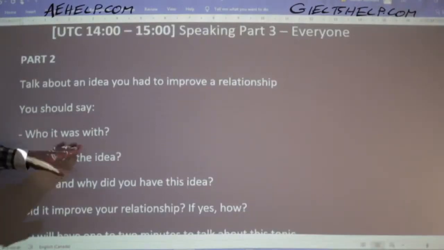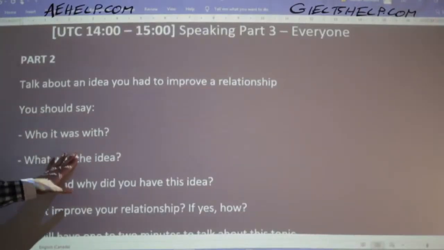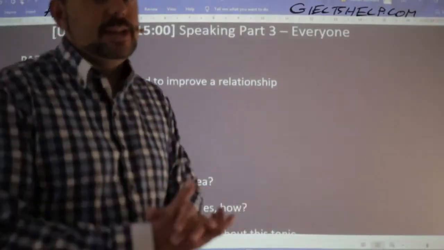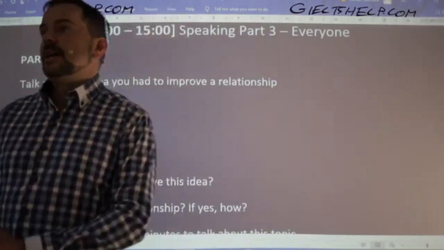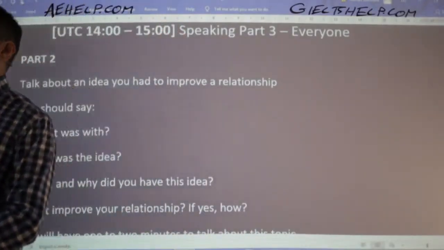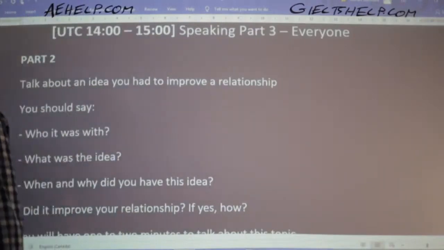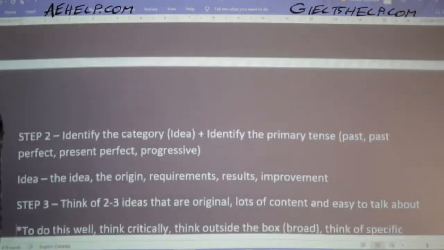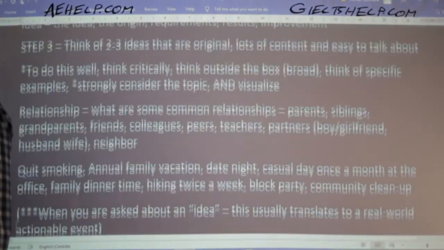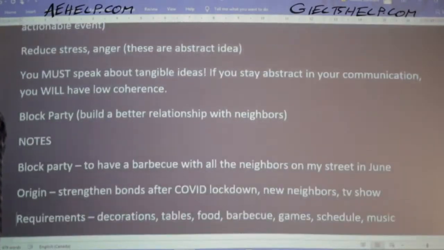Okay. So who it was with, my neighbors, or it was specifically with one neighbor. You could gear it towards that as well. Okay. Paulo, step 4 was the notes. I just didn't emphasize that. Okay. So step 3 is thinking of 2-3 good ideas, and step 4 is the notes. Okay. Hopefully that'll be a little bit clear.